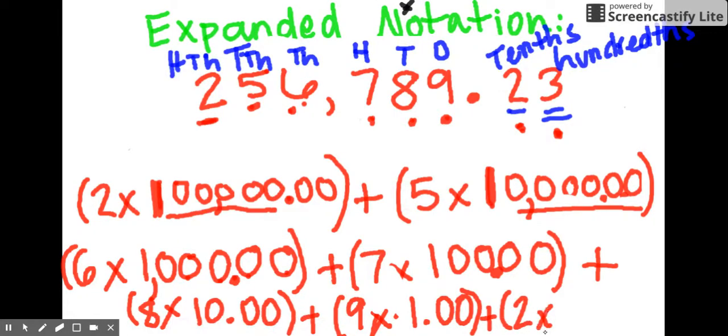2 times, if it's in the tenths place, we're going to put a 0 for the whole number. And then we're going to put, remember the pattern, we always have a 1. We're going to put the 1 in the tenths place to show that this 2 belonged in the tenths place. Last but not least, I might have to go up the page a little.